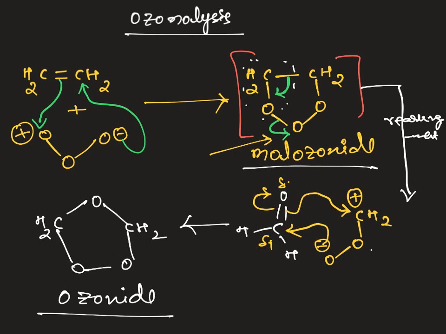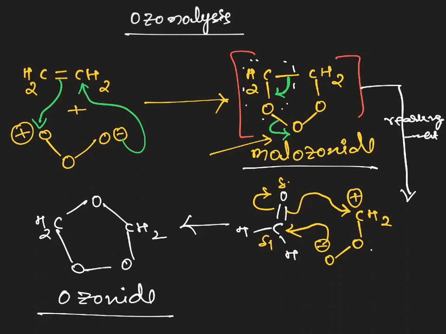Immediately it will undergo rearrangement and give ozonide. After forming ozonide, this is an explosive material. We have to take it for further reaction, either reductive cleavage or oxidative cleavage, that is reductive ozonolysis or oxidative ozonolysis, which is converted into carbonyl compounds and carboxylic acid respectively. Is the mechanism clear, how it is converted to ozonide?